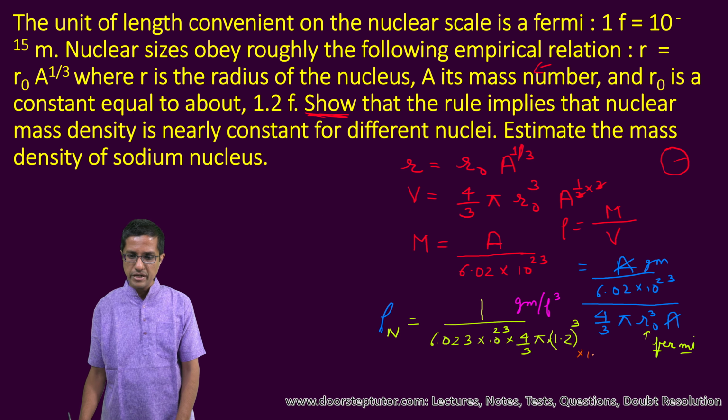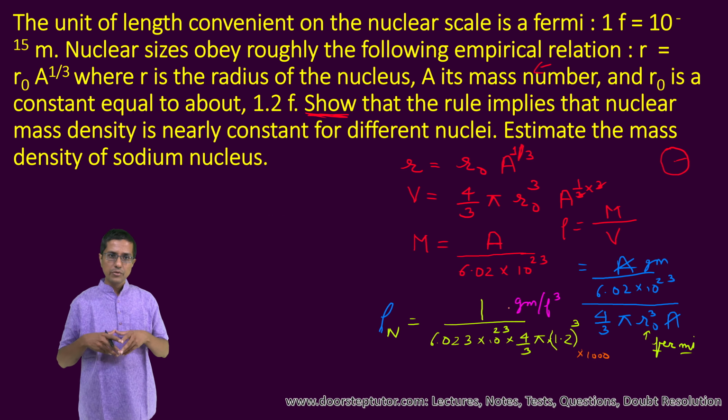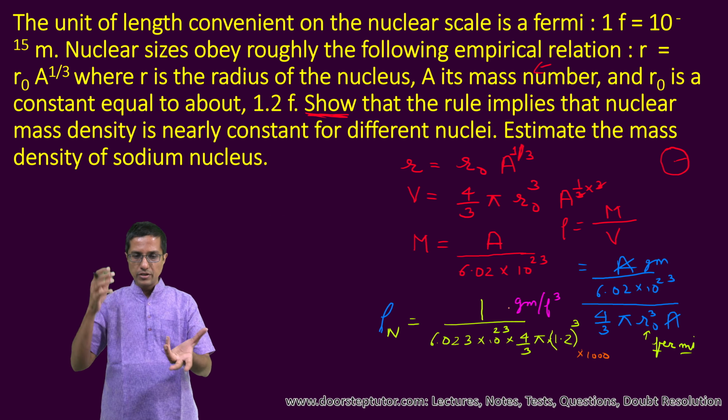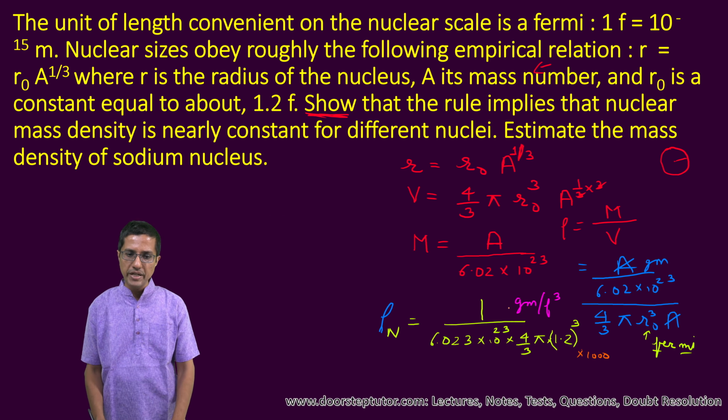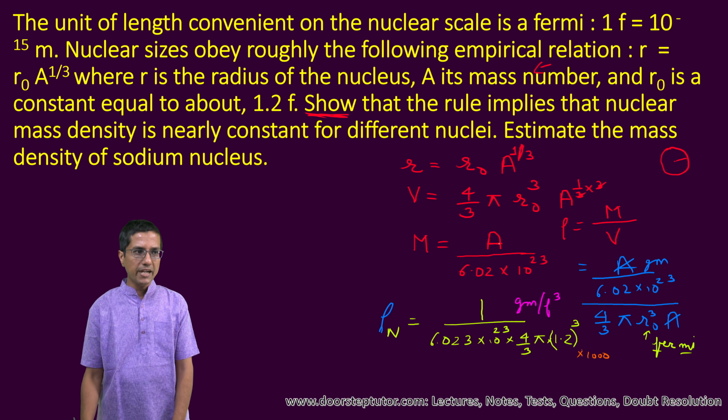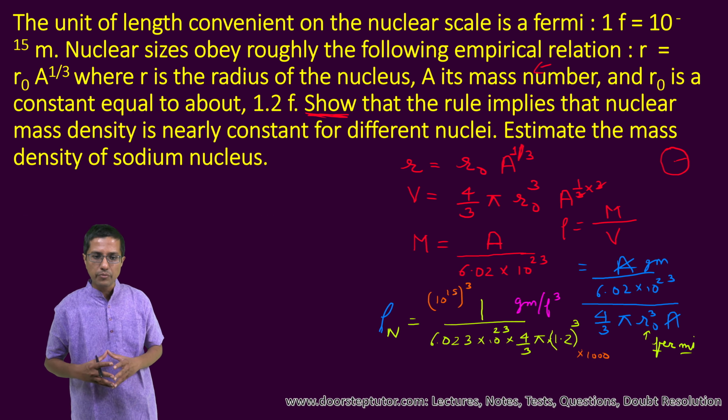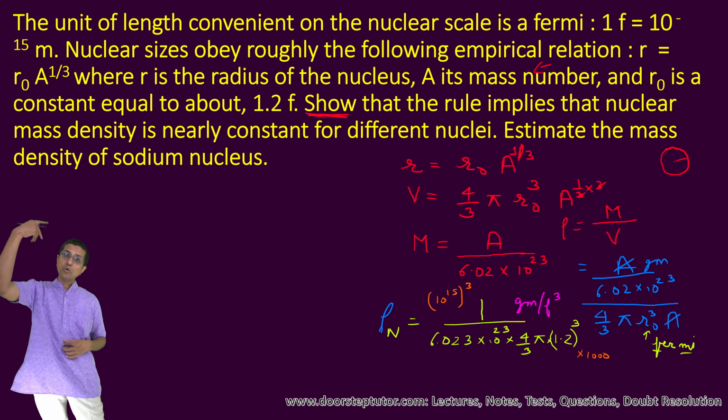To convert this Fermi cube into our normal units of length, for example meter, I need to multiply it by 10 raised to power 15. At the top I will write 10 raised to power 15, but of course this is not just Fermi, it's Fermi cube, so the power would come out to be 10 raised to power 15 the whole cube.